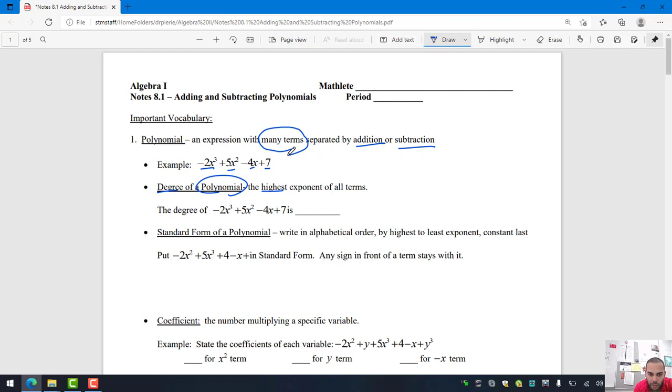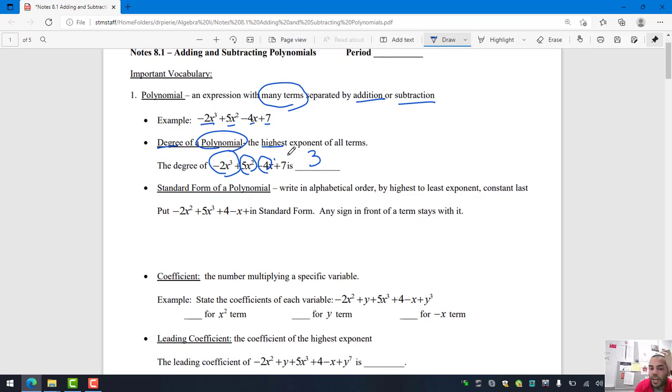This term has an exponent of 3, this term has an exponent of 2, this term has an exponent of 1, an imaginary 1, and this one is just a number, so it's 0. Which of those numbers is the highest? Because that first term has an exponent of 3, the degree of this entire polynomial is 3. All we're doing is looking for the highest exponent of all the terms.